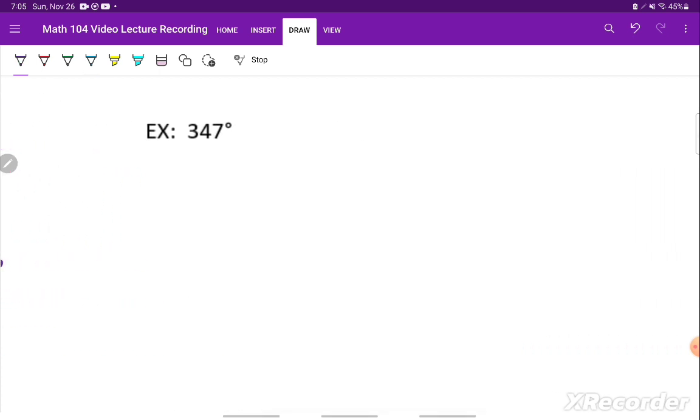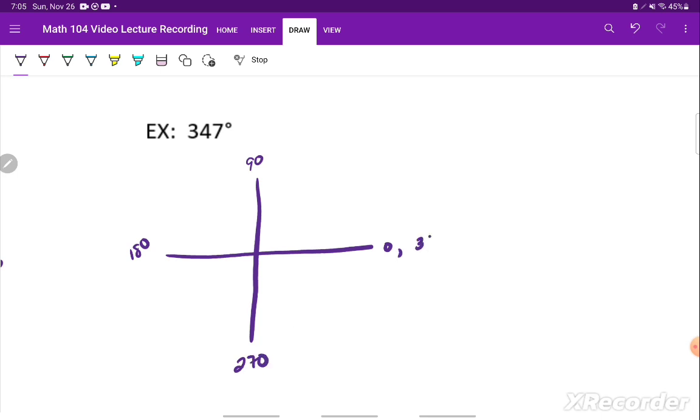All right, one more. 347 degrees. And remember that this 0 degrees could also be thought of as 360 degrees.